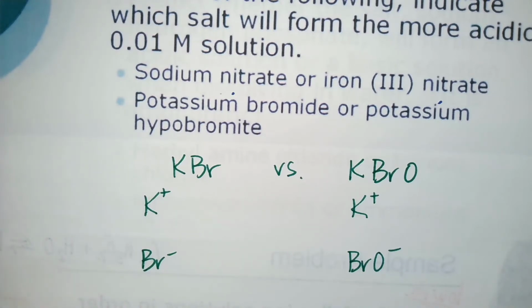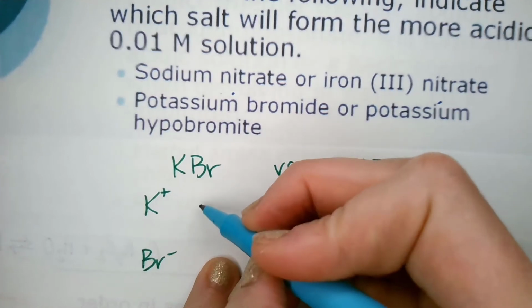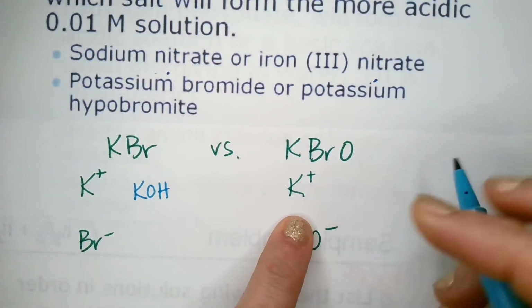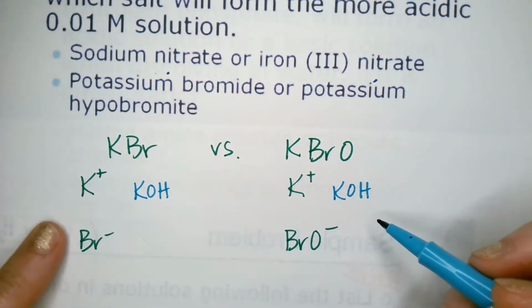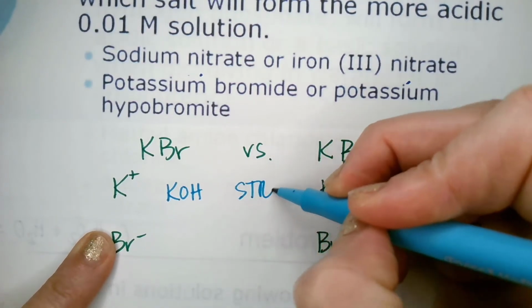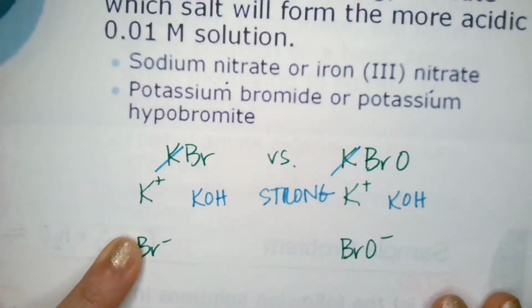Now let's look at the parent base. For K, it would be KOH. Same with here, the parent base is KOH. And we know that KOH is strong, so it has no effect on the pH.